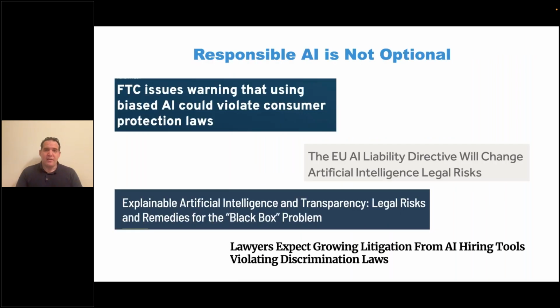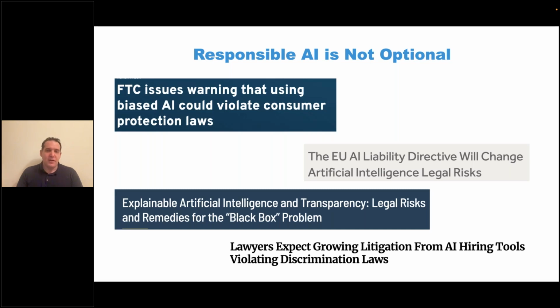So to begin with, one thing that we should all know as practicing data scientists is that responsible AI is not optional as of today, in the sense that if you're deploying systems and you have not validated that the system is reliable, is robust, is explainable, is unbiased, is fair, based on many different criteria, you may already be breaking the law or breaking regulations, whether you're dealing with software for medical devices, software for recruitment and HR, software for making financial decisions, credit decisions, software that is consumer facing, where you're making consumer representations or maybe violating consumer protections.